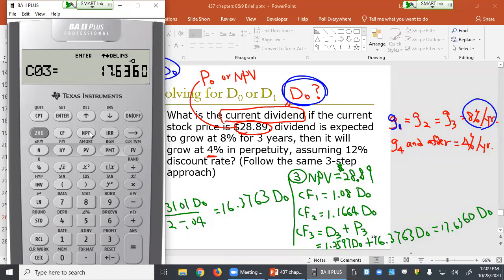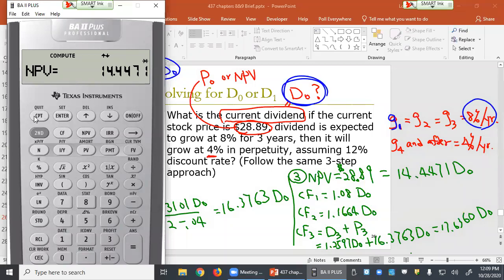So I will now press the enter key here. To calculate the NPV, I will enter my discount rate, and it's the same 12%. So 12, enter, down arrow, compute. That tells me my net present value is equal to 14.4471 D0. So now we're almost there.